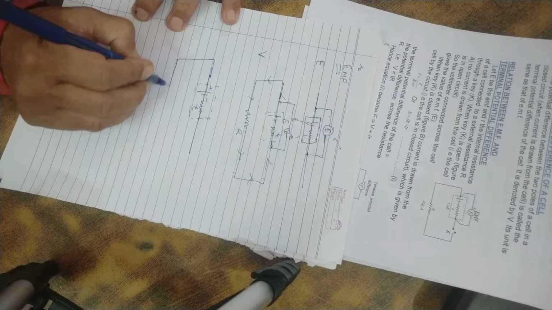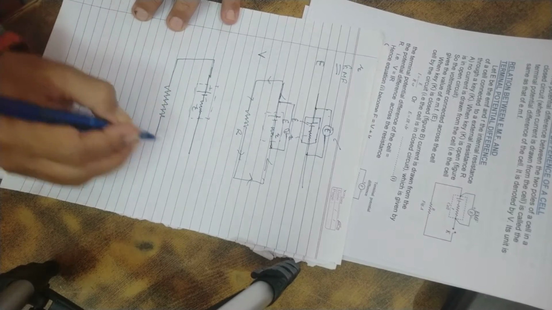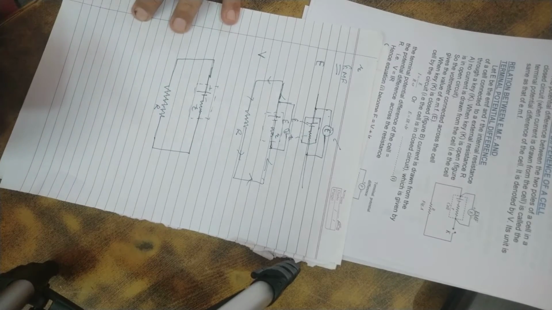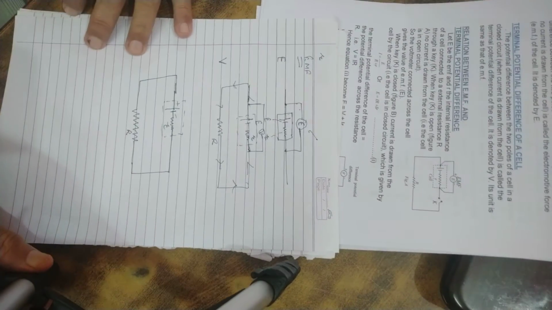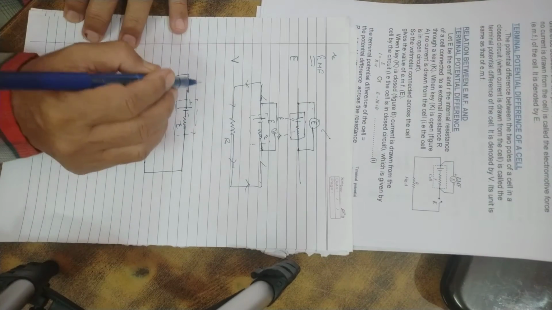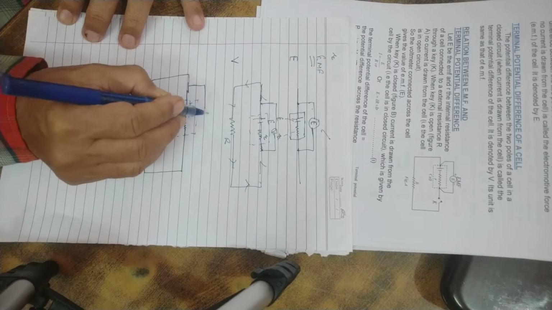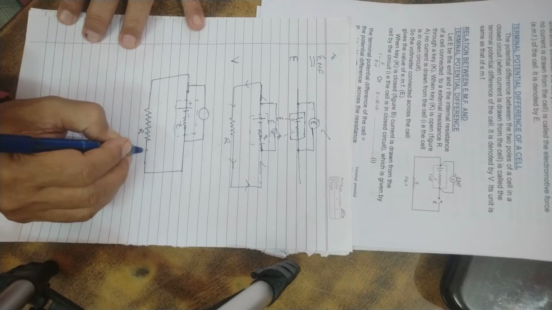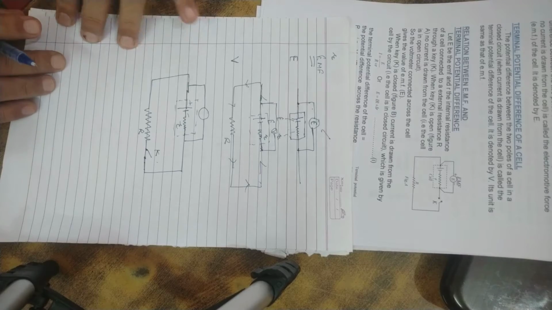And this is connected to some external resistance R, and a voltmeter is connected across the terminals of the cell. Here a key is also there, K. Okay, K is a key.